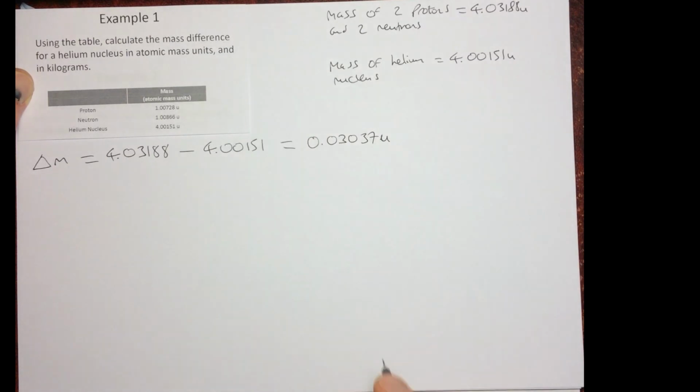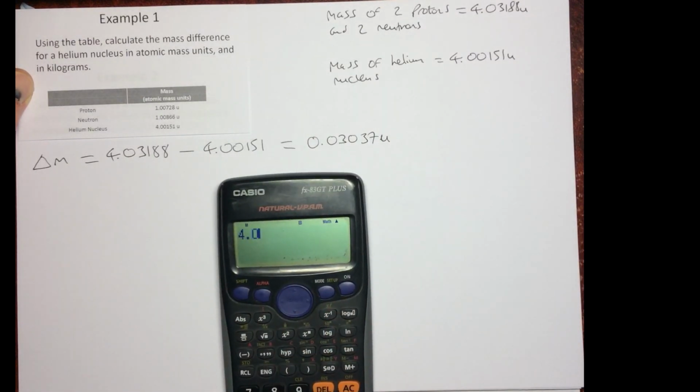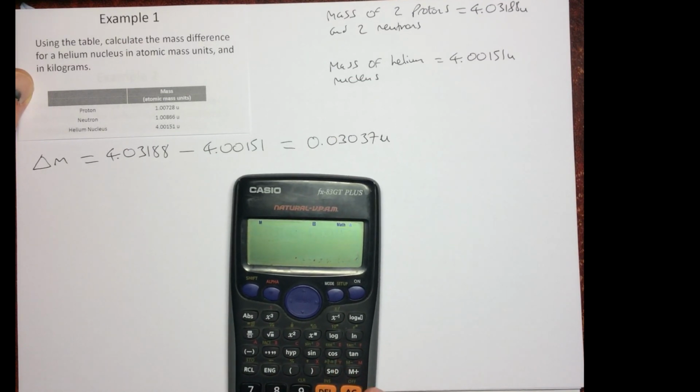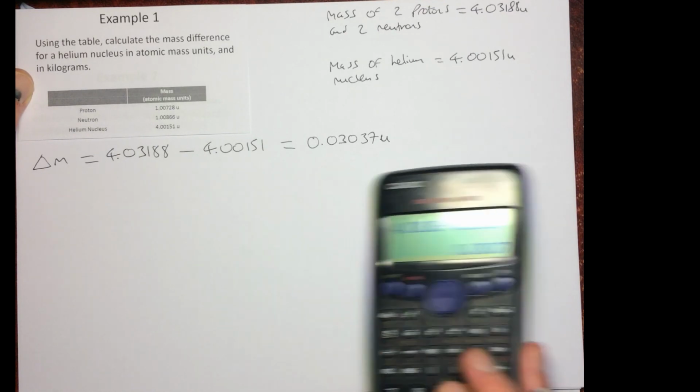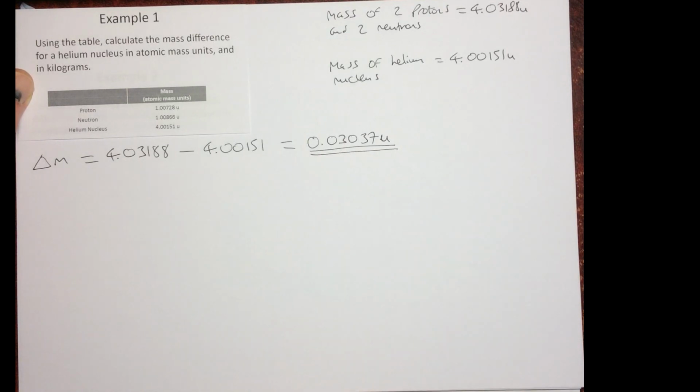Okay, so there you go. You can obviously just put it in your calculator if you want. It's up to you. There you go, 0.03037. So that's the mass defect in unified atomic mass units.